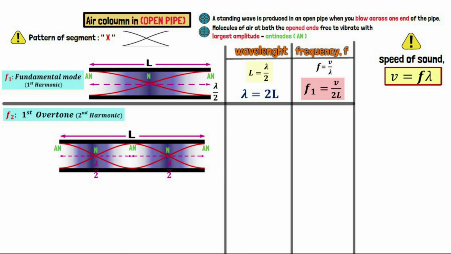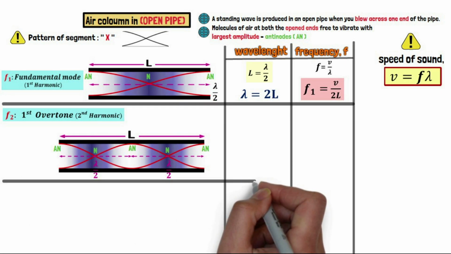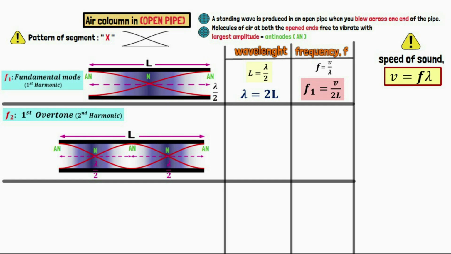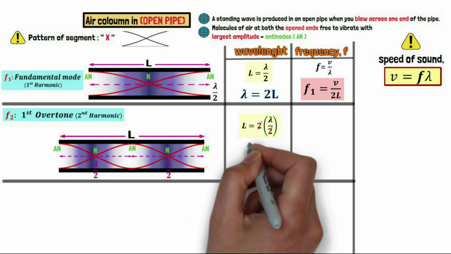So for second harmonic, we can write that L, which is the length of the open pipe, is actually equal to 2 kali lambda over 2. Sebab kita ada 2 lambda over 2 dalam standing wave untuk open pipe tadi. Okay? Therefore, rearrange that equation. Finally, we can write the wavelength for the second harmonics ataupun first overtone. Lambda is equal to L.